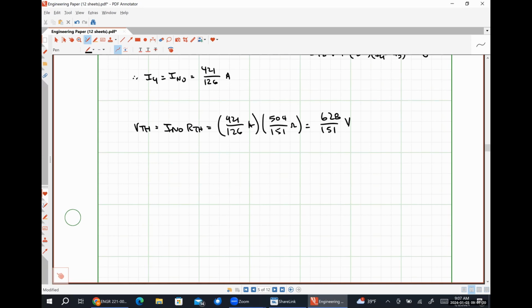All right, so scratch that out right there. So 421 over 126 times 504 over 151. 1684 over 151, which is the correct one. All right, awesome. So thank you for that, Ashton. I'm too lazy to go back and figure out what I typed into the calculator.